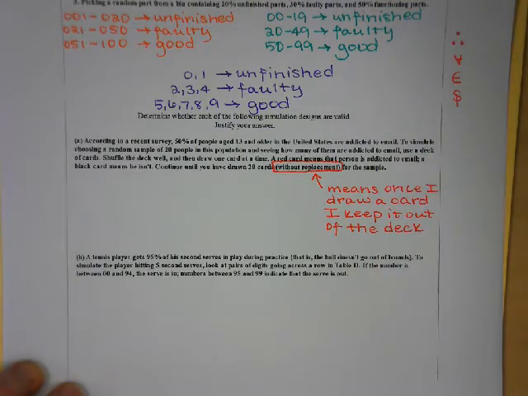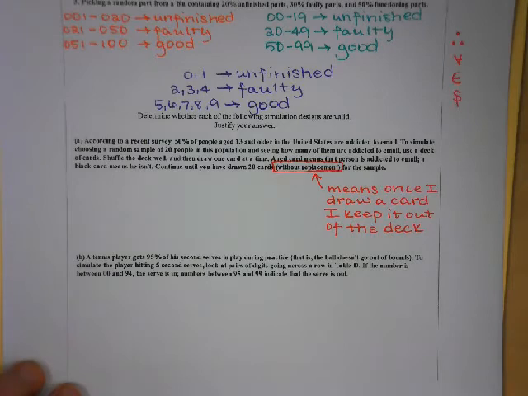And like I said, you'll sometimes see with replacement. That would mean I draw a card, I put it back into the deck. I would have to shuffle in between each draw of a card so that it would get shuffled back in there so it could come up again. But so without replacement, I keep the card out.